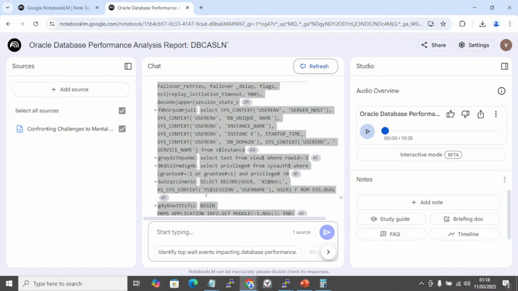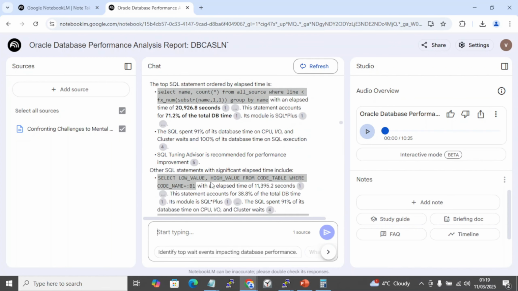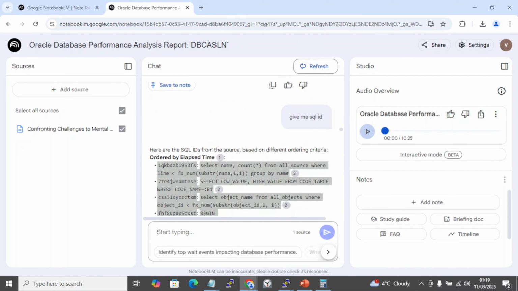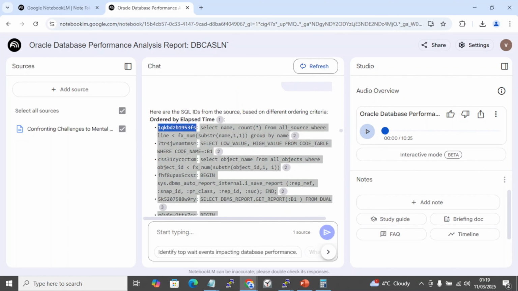Oh my god, it printed so much information. Why are you failing now? Ordered by elapsed time, it printed every single piece of information available in the report. Why do we need it? But the beauty is that it is able to match the report.